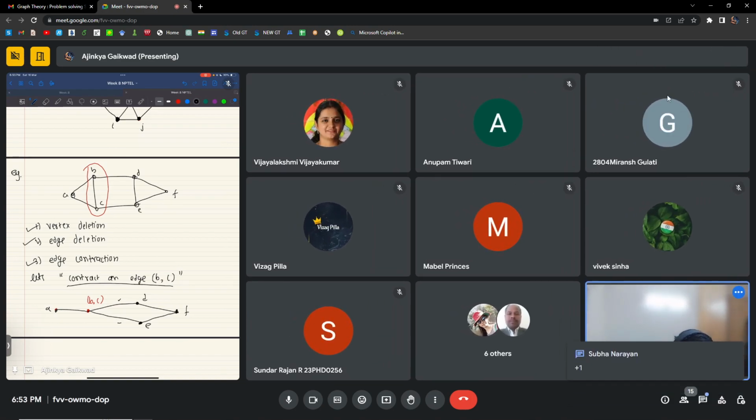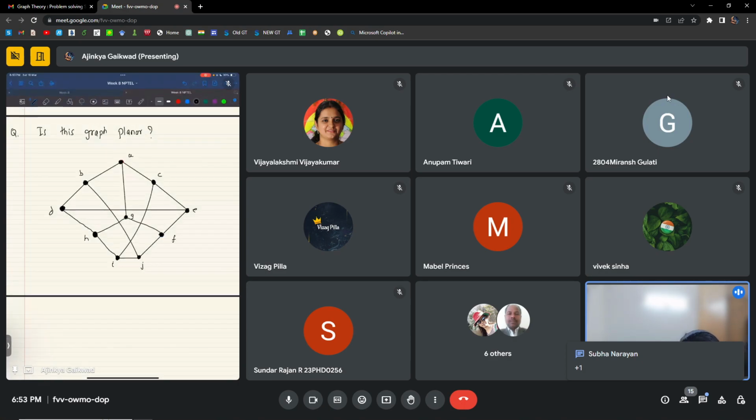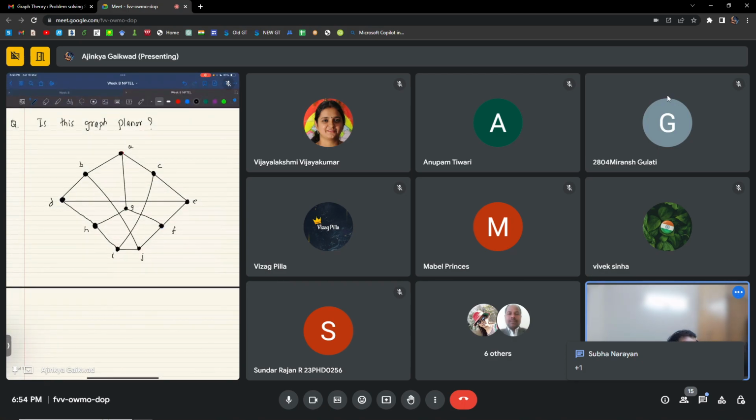So let me explain why this is interesting. There is a theorem by, what is his name? Wait, I don't know how to pronounce his name. Kuratowski or something. So what he proved is this. This is a theorem given in class, I'm not just giving a random theorem.